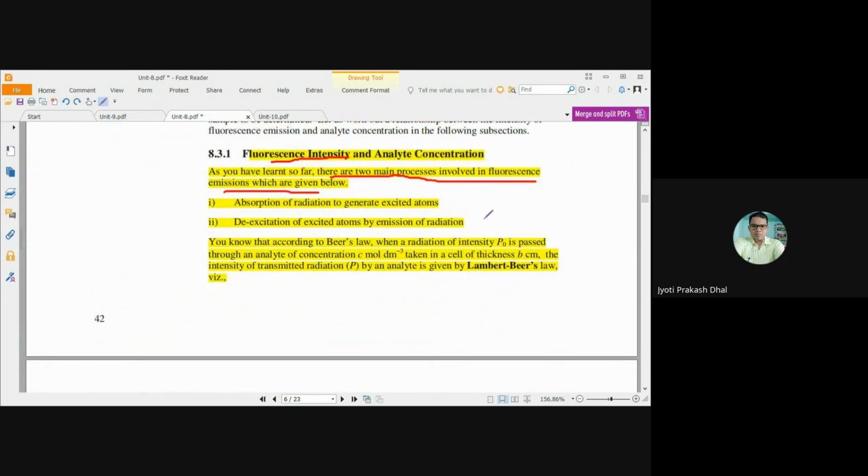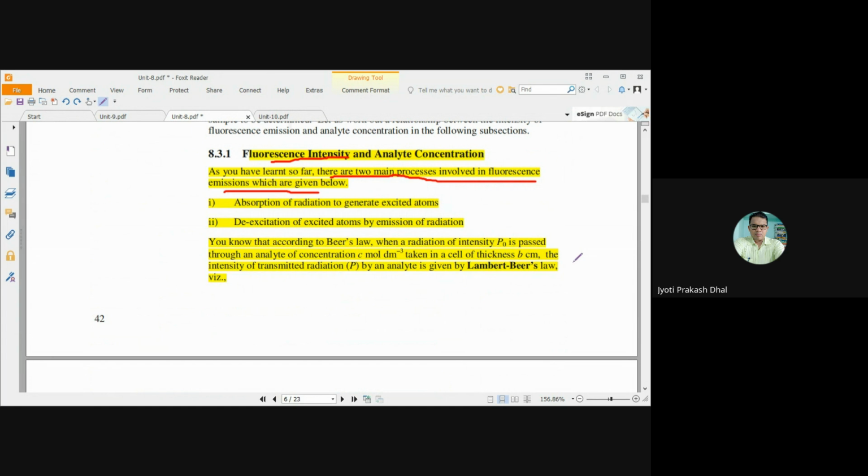Suppose P0 is the intensity of radiation passed through the sample under investigation, with concentration C moles per liter and cell thickness b centimeter.